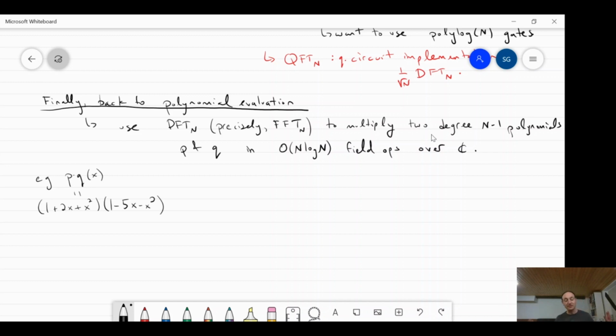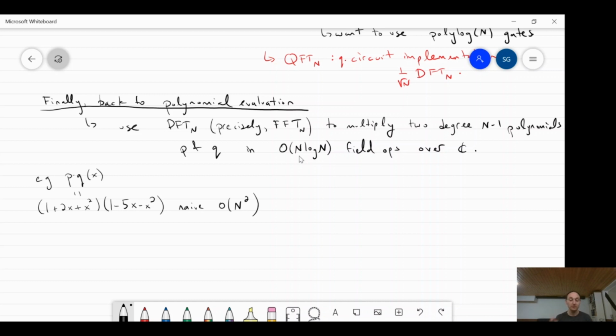When I expand this out, the number of cross terms is going to be quadratic. The normal runtime for this multiplication would be quadratic in the degree. And here, you get a really nice improvement. You can do it in n log n time.